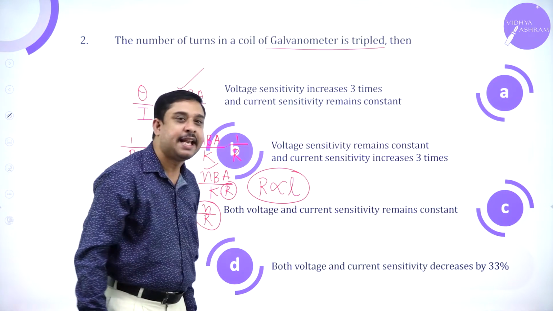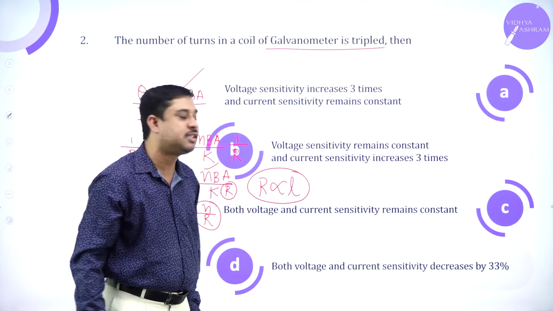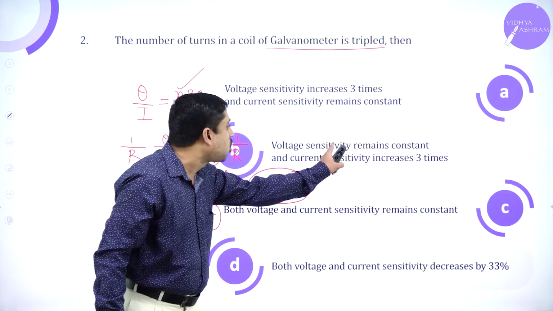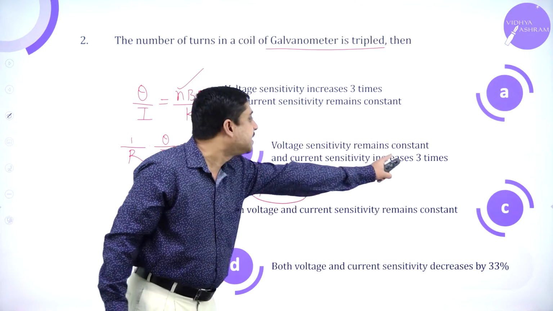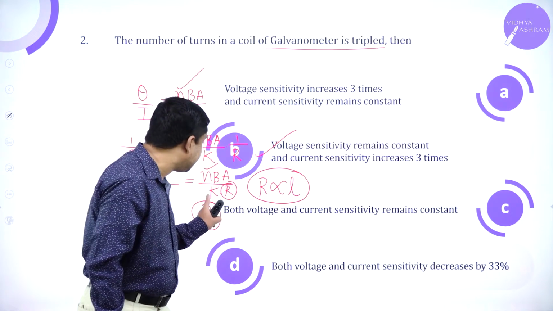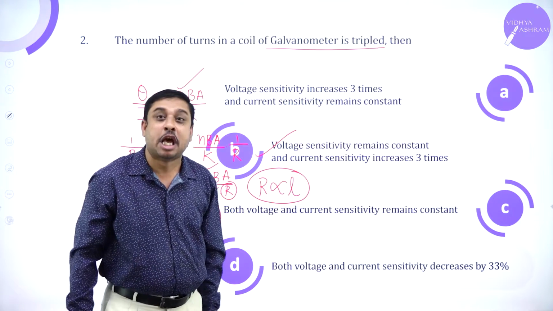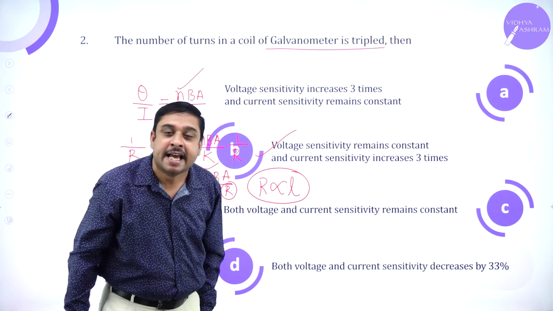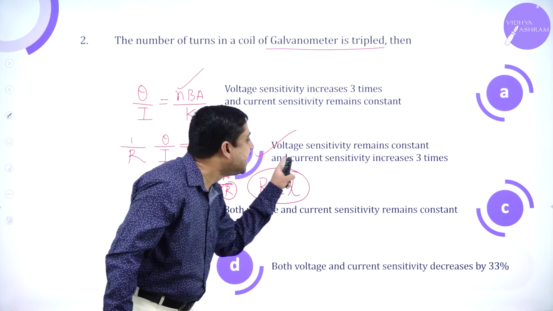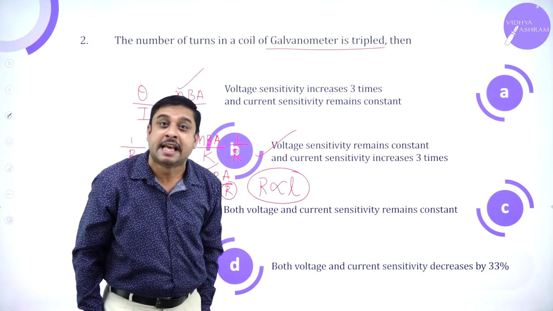So voltage sensitivity remains constant, whereas current sensitivity increases 3 times, because the number of turns in the coil is tripled.